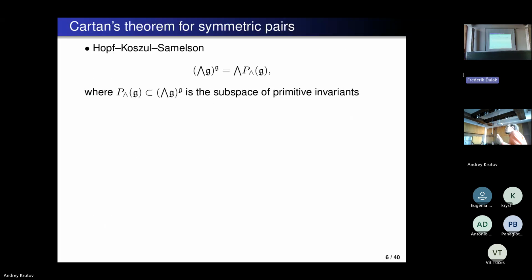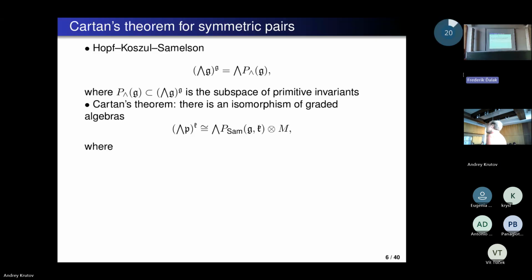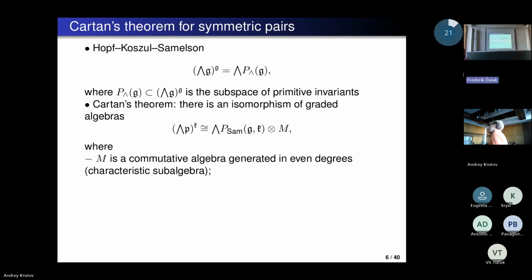Now, this is the analogue of our Kostant-Sanderson theorem. For symmetric pairs, the corresponding theorem is called Cartan's theorem. And the statement is the following. We look at the K invariants in the exterior algebra of our isotropic representation. Then it will be again some exterior algebra tensor a commutative algebra.